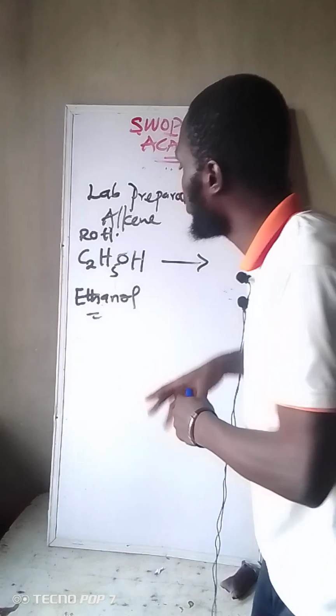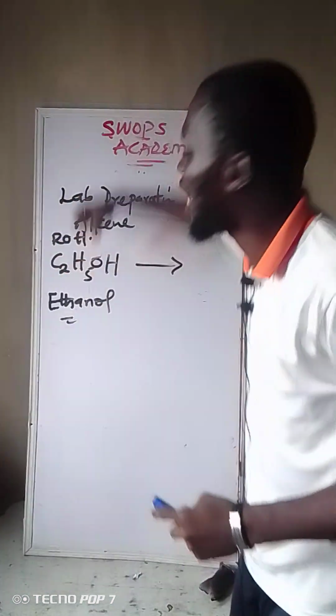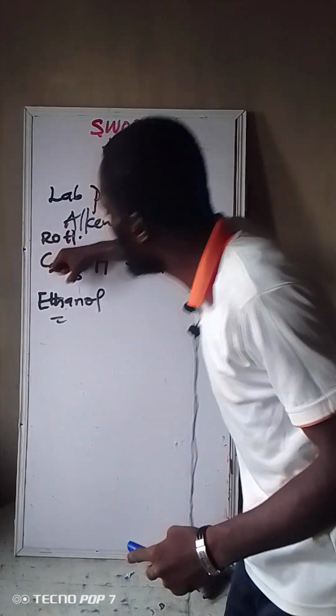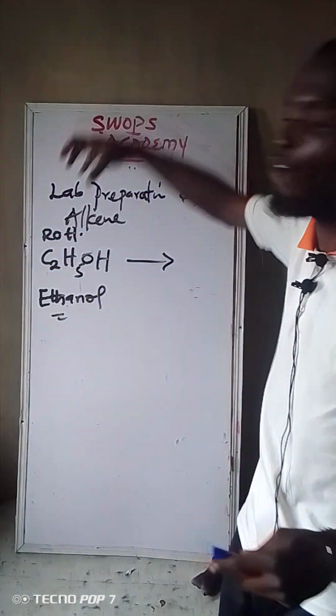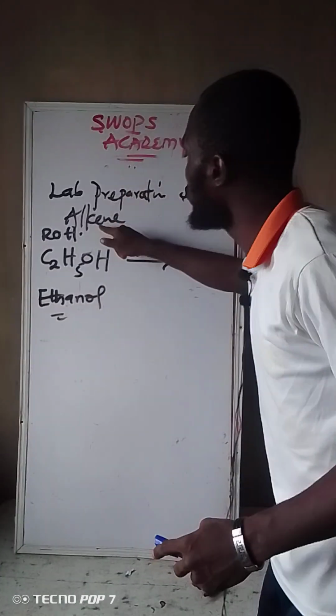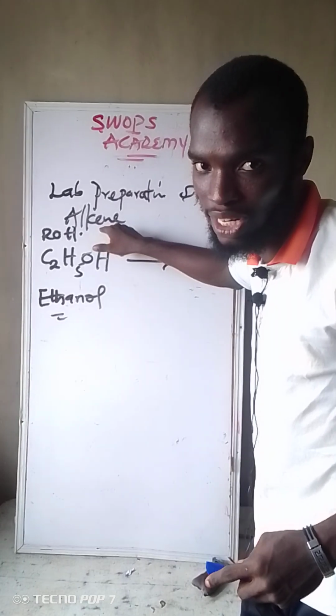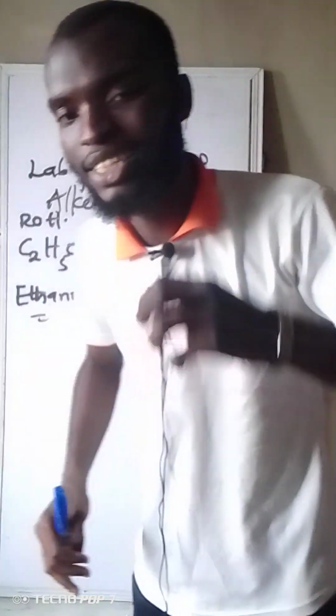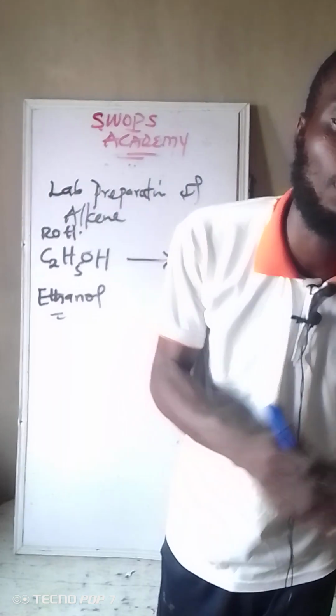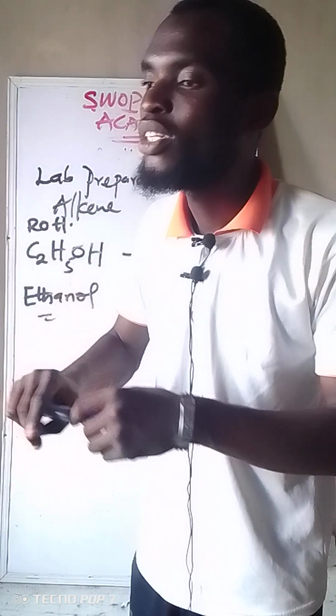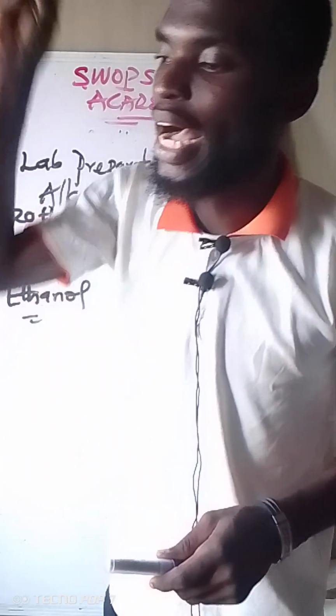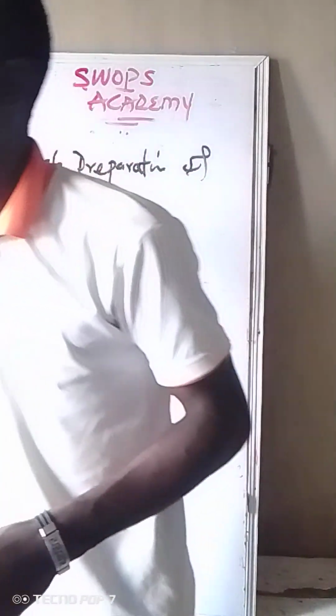So the dehydrating of ethanol, the removal of water from this ethanol, is how we form alkenes. Are we together? All you need to cram here is that the dehydration of alkanol leads to the production of alkenes.